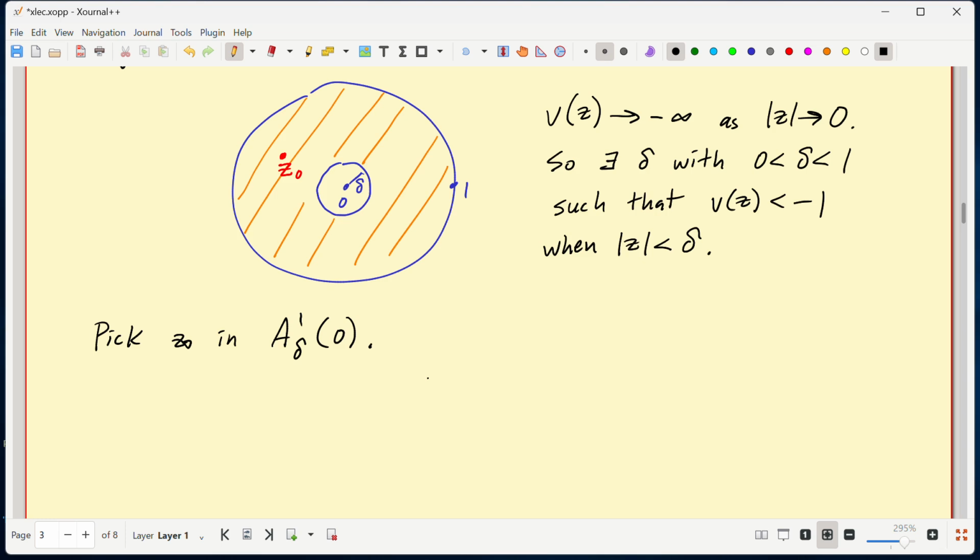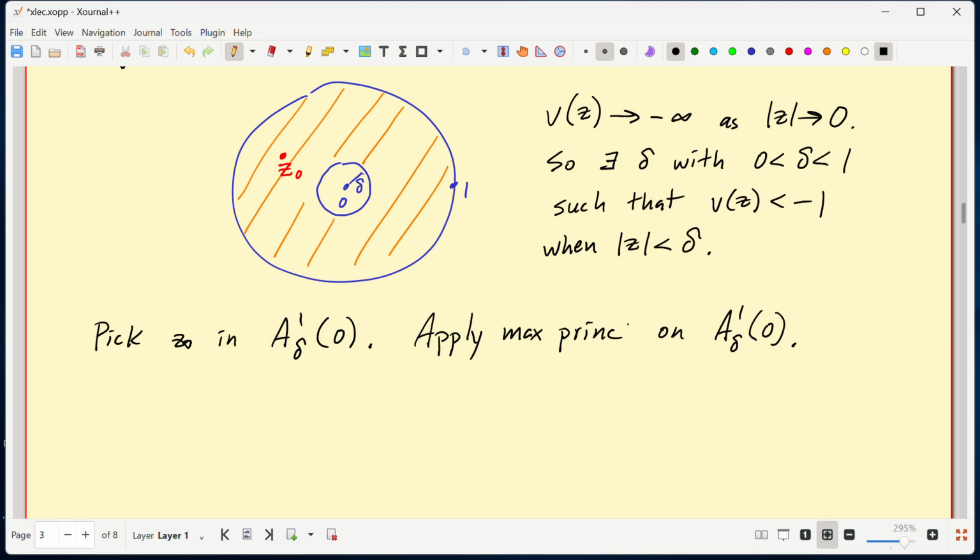Now the maximum principle on that set, on A delta 1. That function is continuous up to the boundary, so the maximum would occur on the boundary.